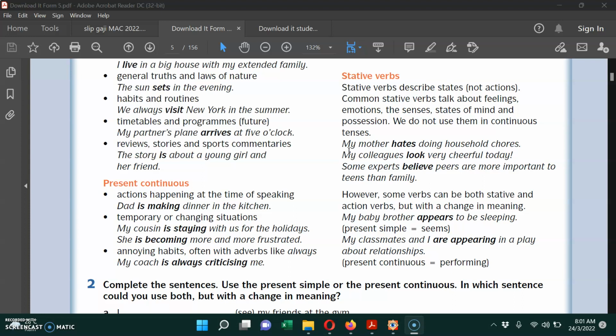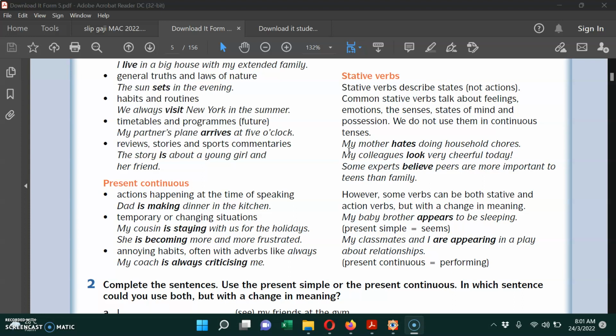Maksudnya kata kerja statif yang biasa digunakan untuk menerangkan mengenai perasaan kita, emosi kita, senses, deria, states of mind, keadaan minda kita dan pemilikan, possession. Kita tidak menggunakannya di dalam present continuous tense, ing.